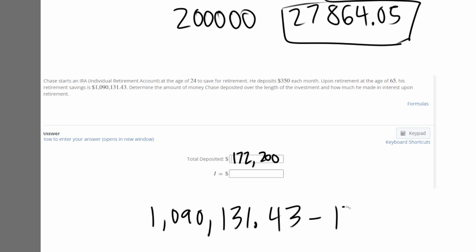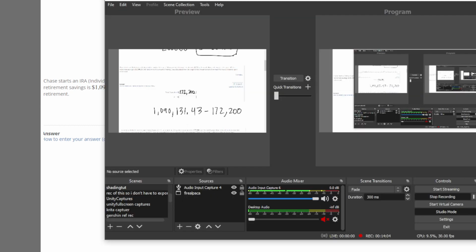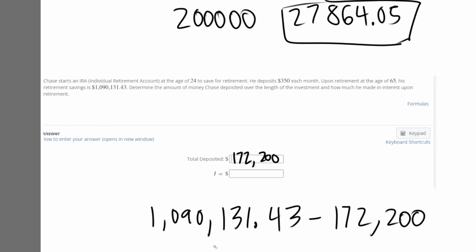So we take our $172,200 and subtract that, and we should get $917,931.45.